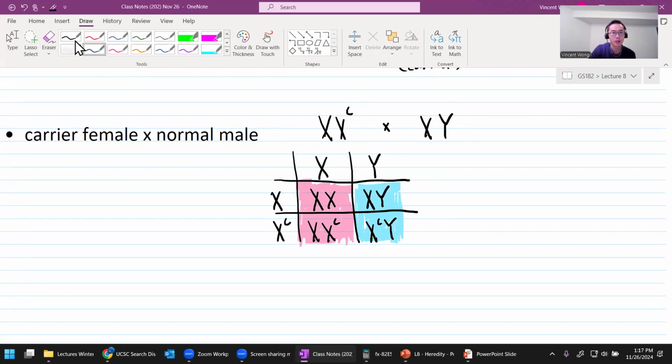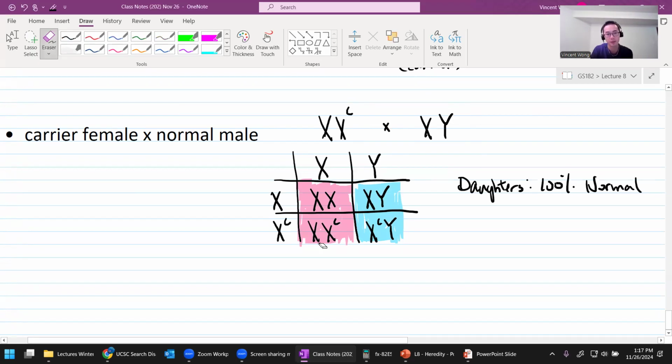So in terms of the daughters, all of them will be normal vision. All of them will be normal, even though there's a 50% chance that she will be a carrier. It doesn't matter, she's going to have normal vision.